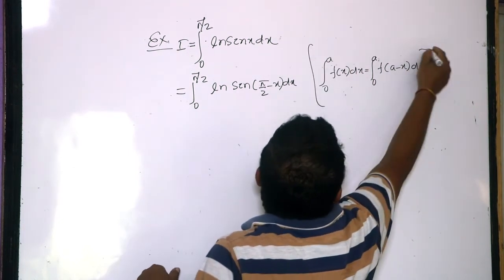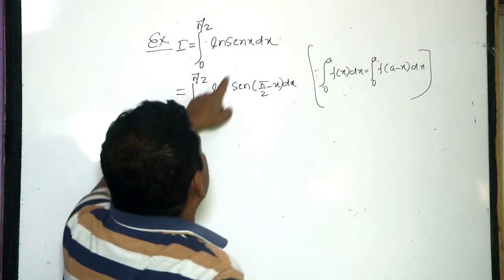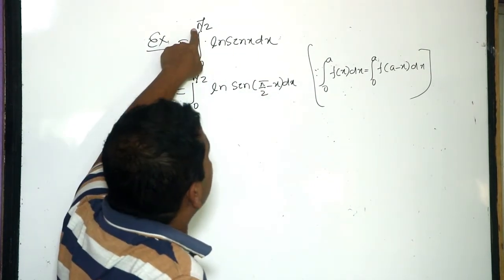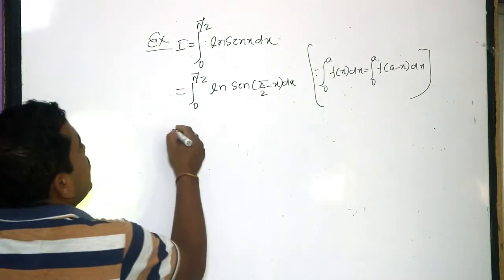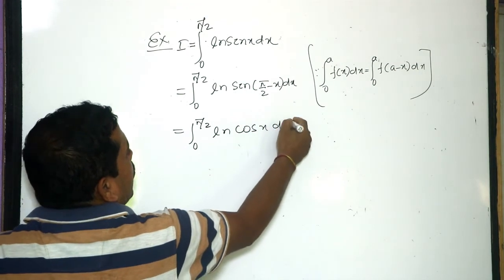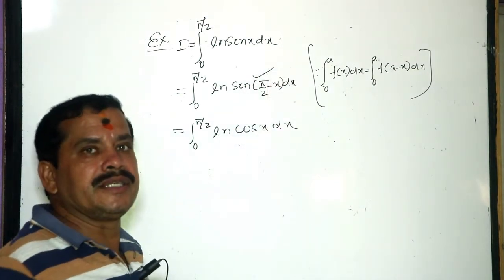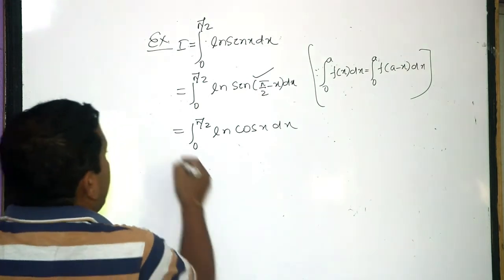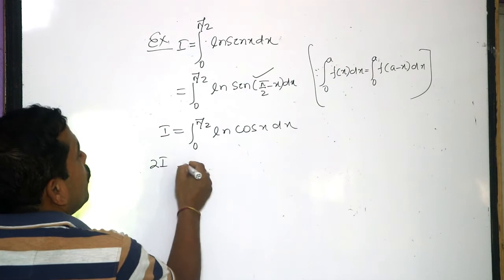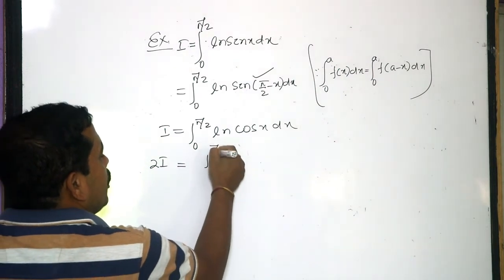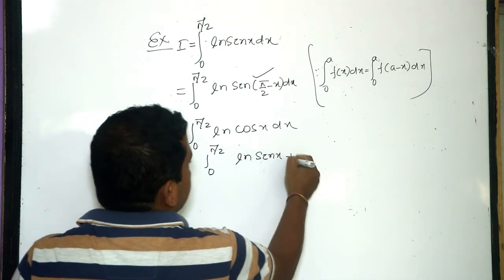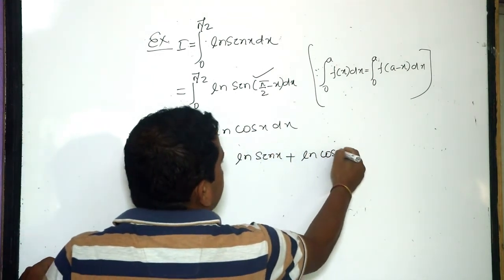Here a is pi by 2, so it equals integral 0 to pi by 2 of log cos x dx, because sin(pi by 2 minus x) is cos x. So this is also I. Now adding these two, 2I equals integral 0 to pi by 2 of (log sin x plus log cos x) dx.